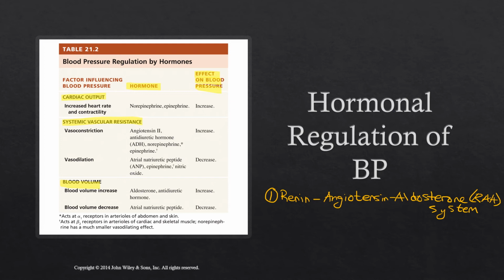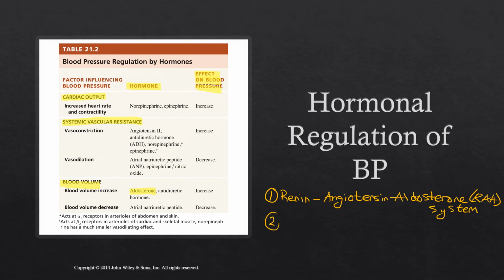And as well, it stimulates the secretion of aldosterone. So we're going to stimulate the secretion of aldosterone, which increases blood pressure by increasing that water absorption in the kidneys.